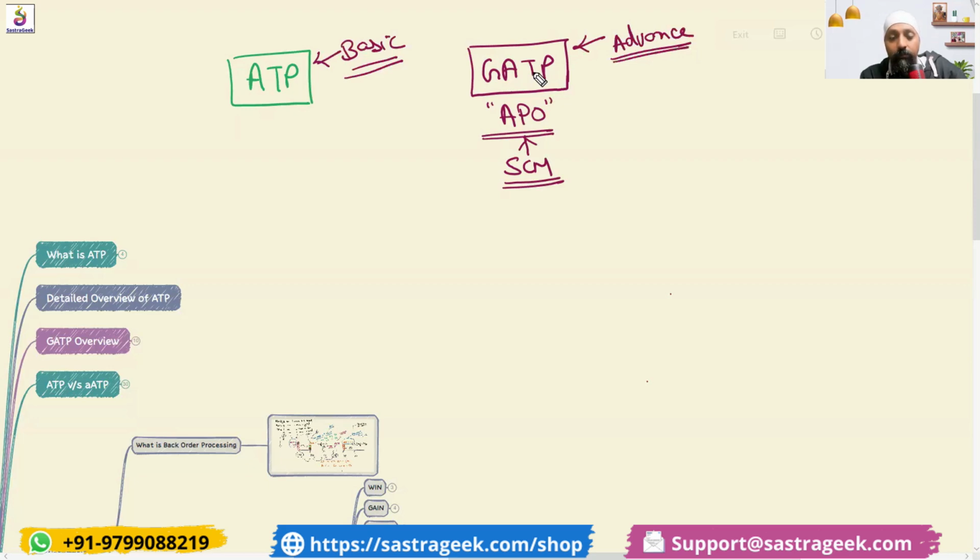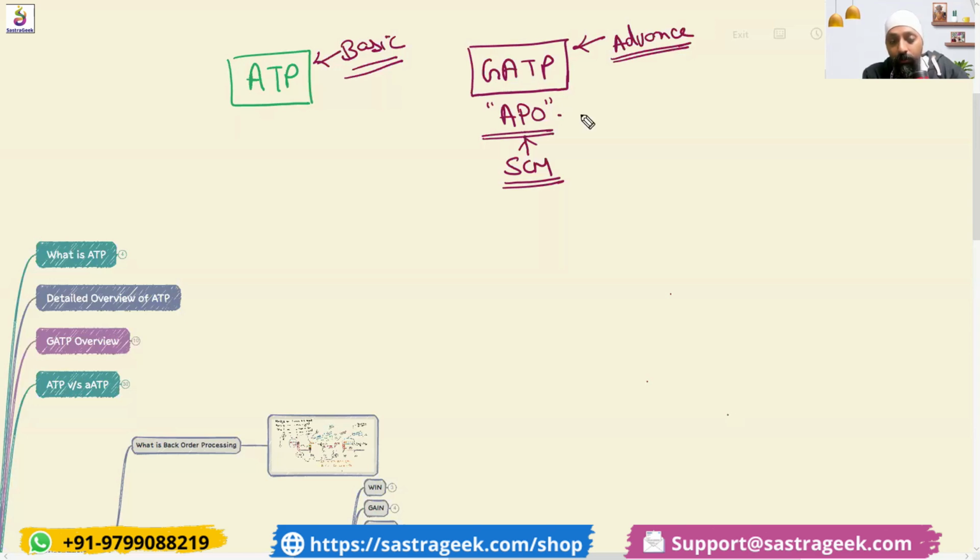Within APO, the people who have expertise and experience in APO cover the GATP, Global Available to Promise. The APO consultants were covering it.